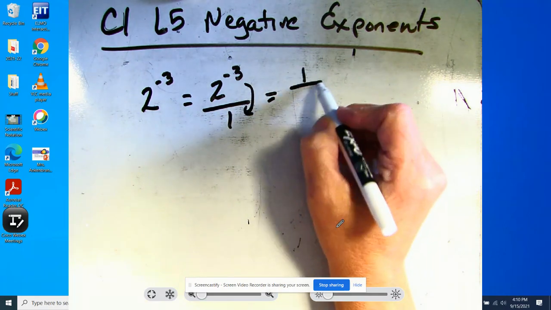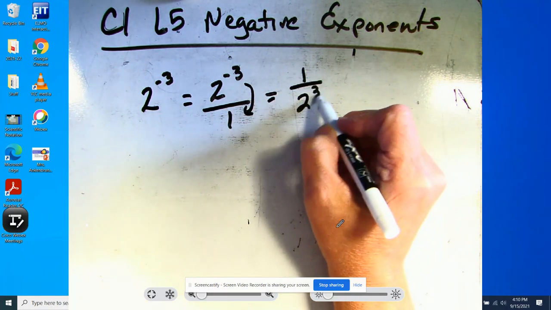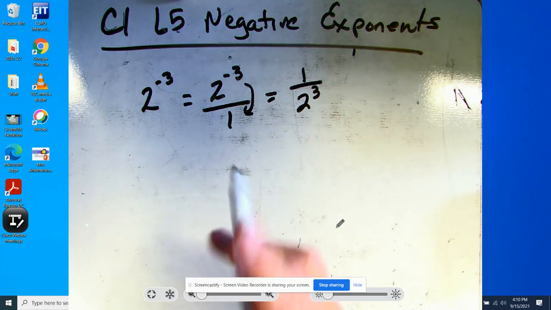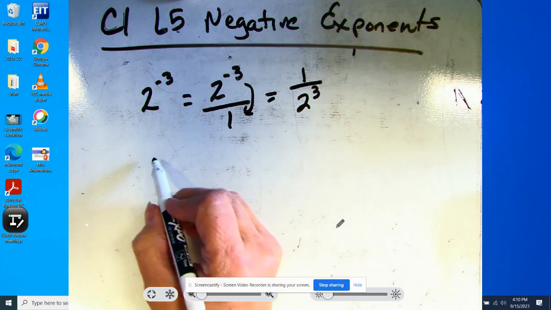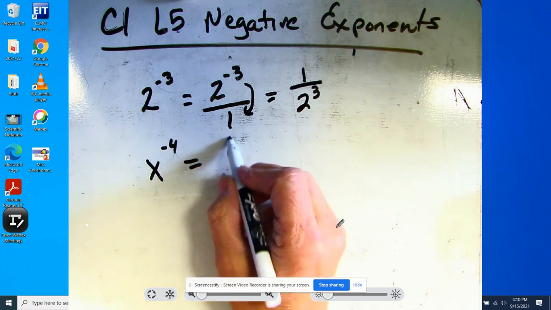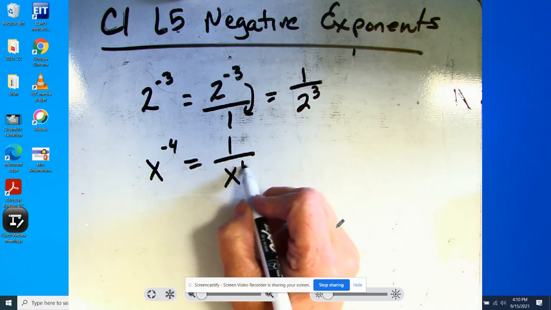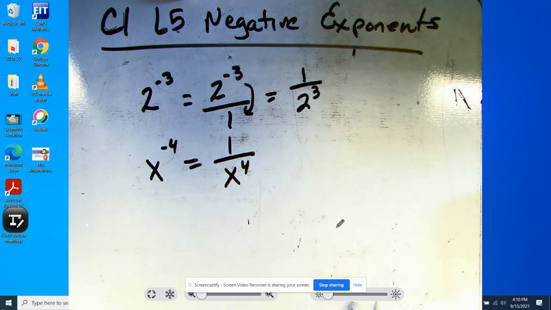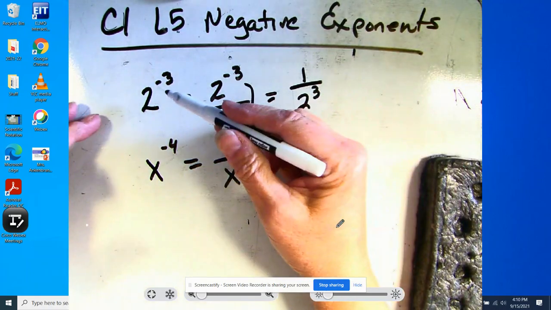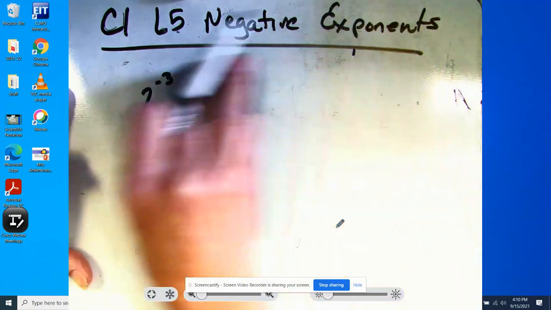So this becomes 1 over 2 to the power of 3. Once we move it, it changes signs. So x to the power of negative 4 becomes 1 over x to the power of positive 4. All right? So this is how we change a negative exponent to a positive exponent.